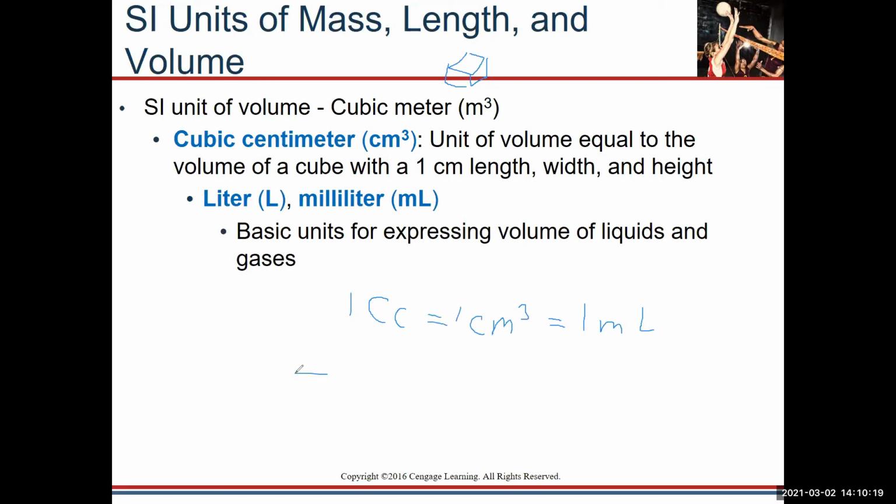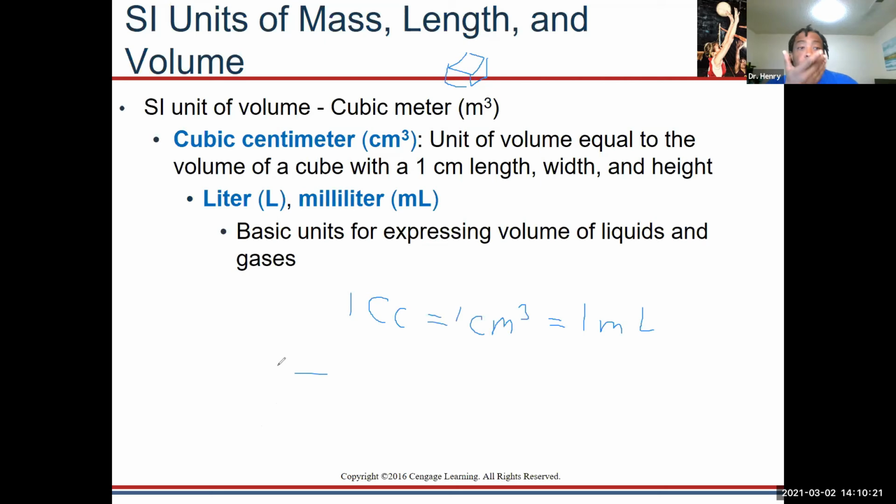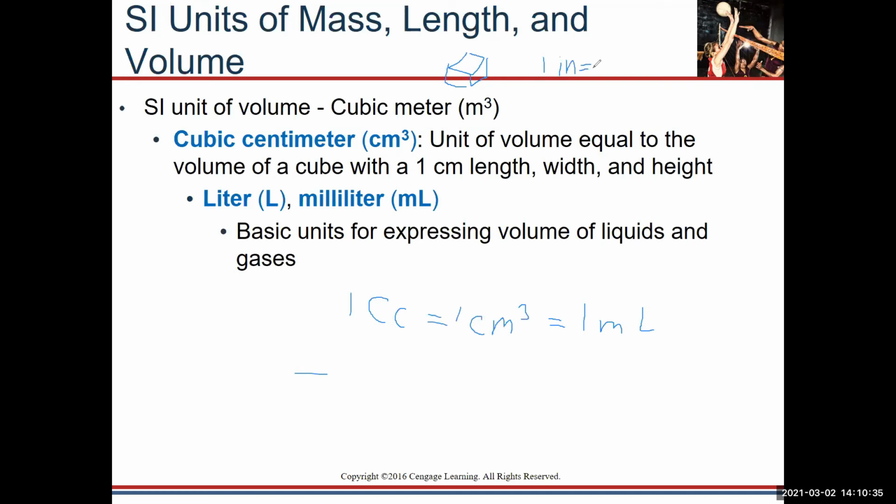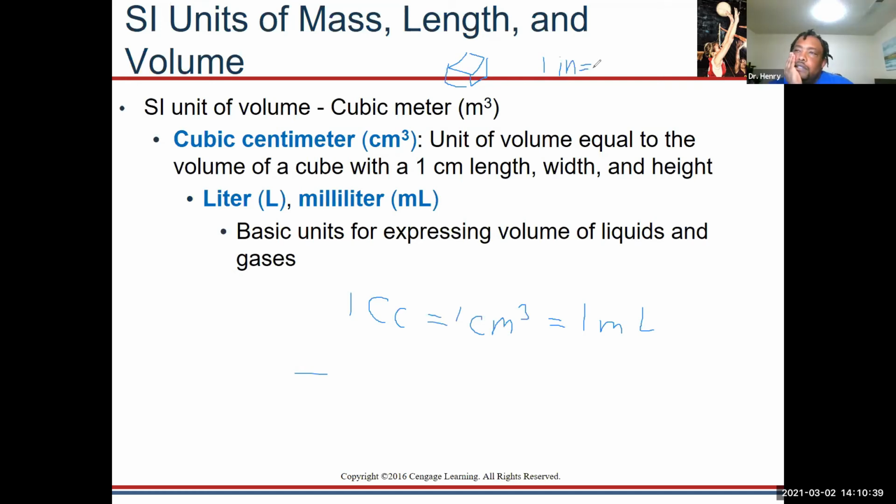Okay. So I can use centimeters to convert, let's say I have inches. I know how many centimeters will equal an inch. Does anybody know? Anyone? 2.54.